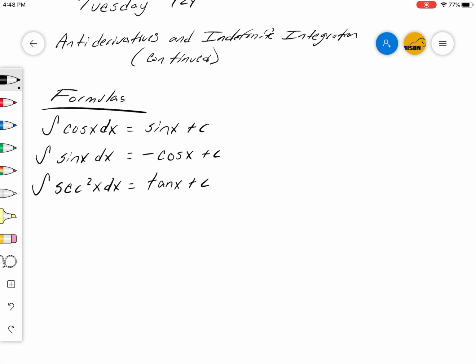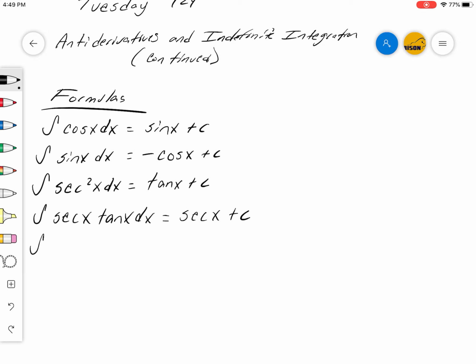Next on the list, we will have the integral of secant x tangent x. Hang on, I forgot my dx. Taking the derivative of secant x would have outputted you secant tangent, so therefore this just gives us secant x plus c. I got two more.